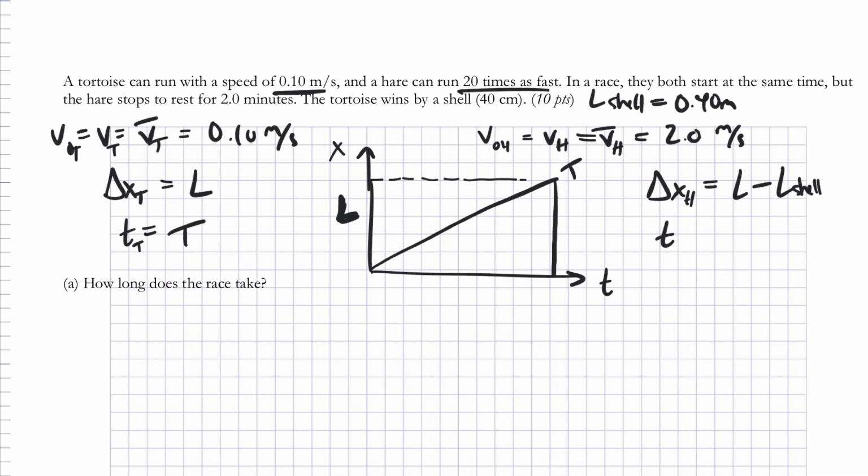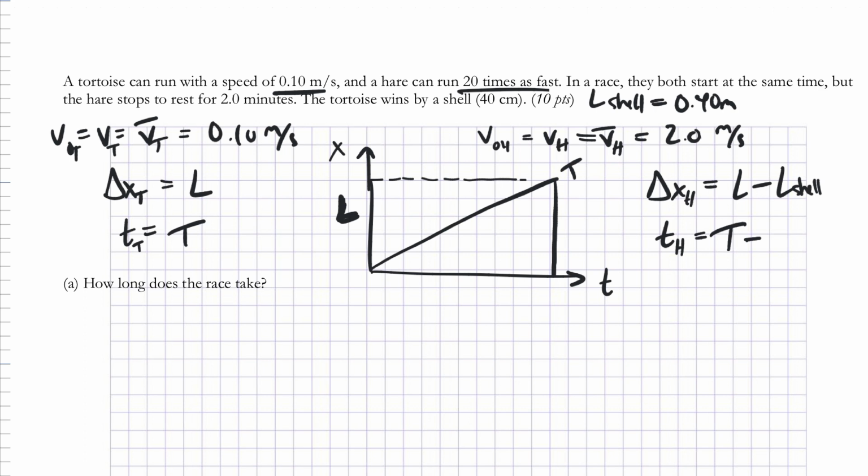I know the time for the hare, well, he doesn't run as long as the tortoise, because he's sleeping for 2 minutes. So his is the time for the tortoise minus 2 minutes, 120 seconds.